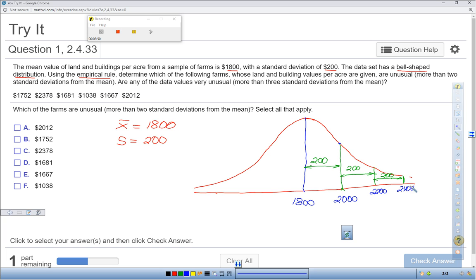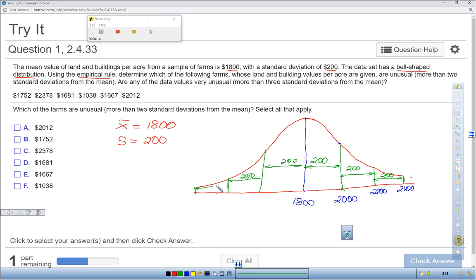We can do the same on the left. So this distance is more or less about this one, another one, and 1 more. So recall that this distance is about 200. This one is about another 200.